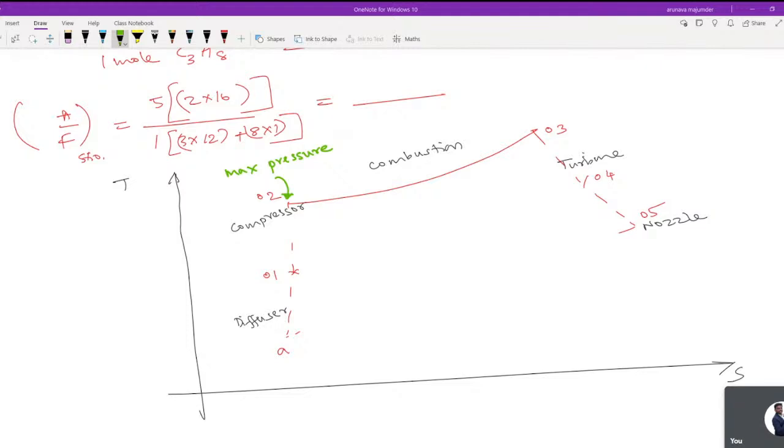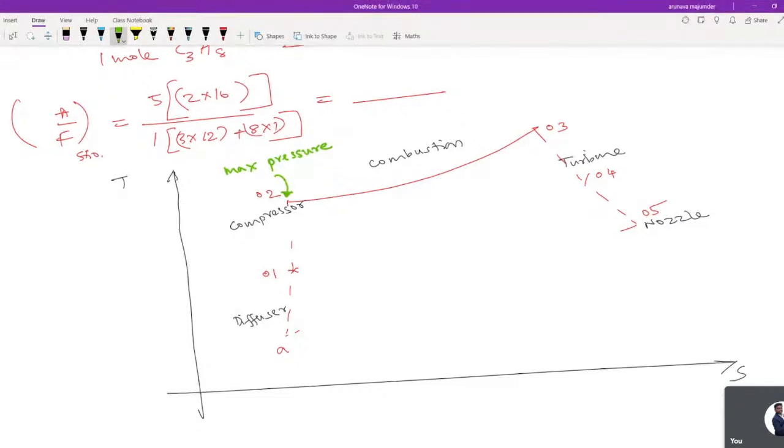If data like a gas table or other relevant things are needed, all the necessary data will be provided, so you don't have to worry about it. Now moving forward, again you have to remember the graphical representations, and how the temperature fluctuations and the temperature-pressure graph look for each and every component.